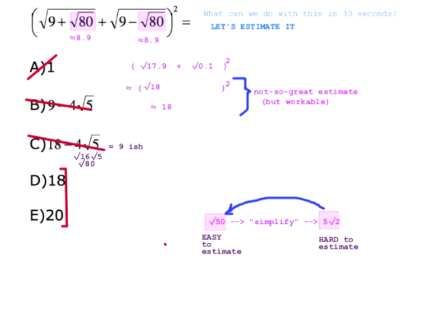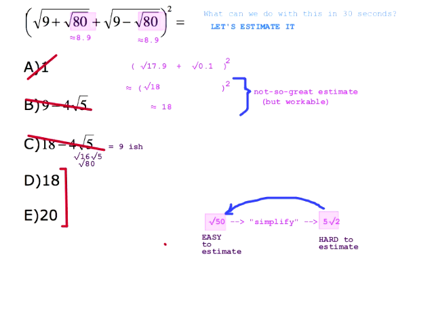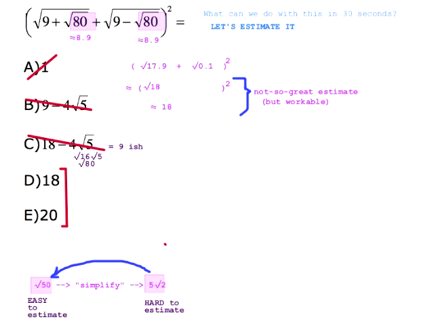Now, there are 2 ways to proceed here. The first way is to know what wrong answers look like. And this is not every wrong answer in the world. But if you look at 18, 18 is the kind of answer that people would guess if they just ignored the square root of 80s because they thought they canceled, and incidentally did algebra incorrectly too.